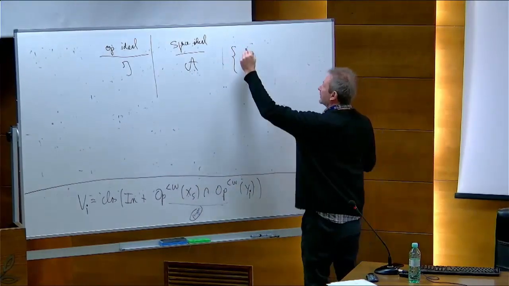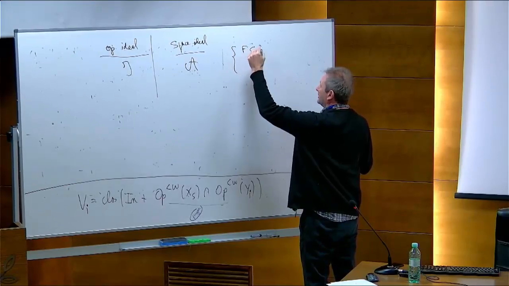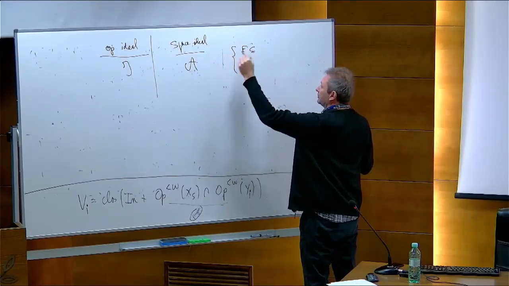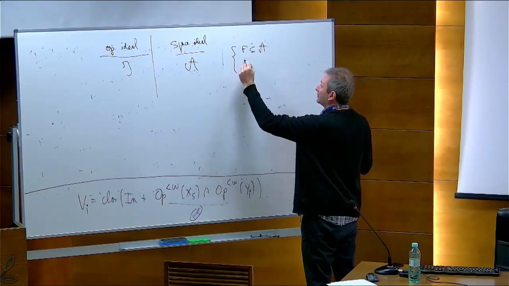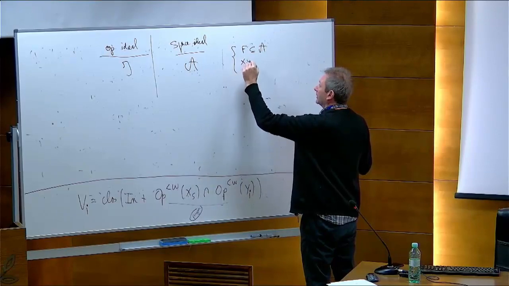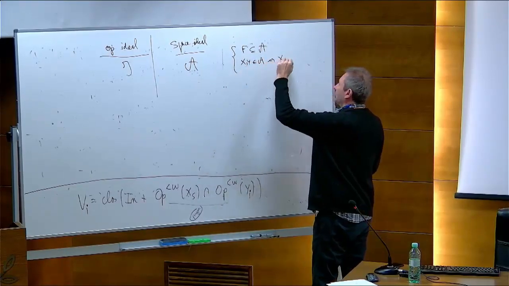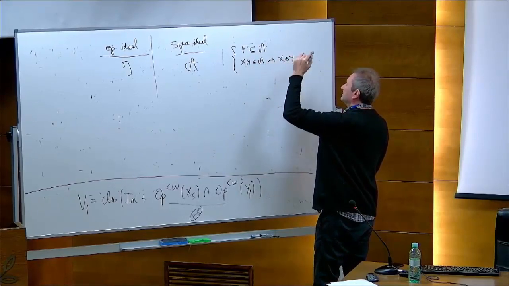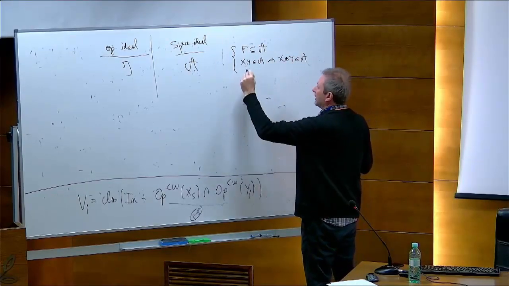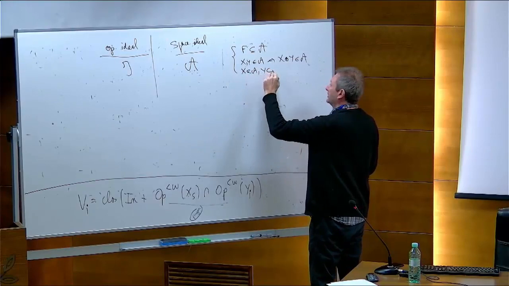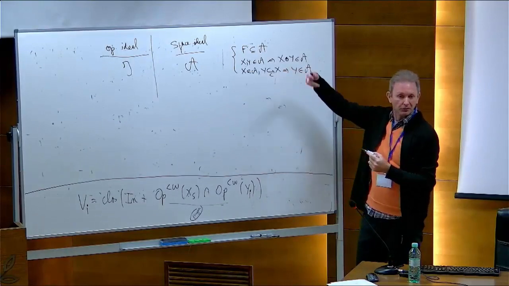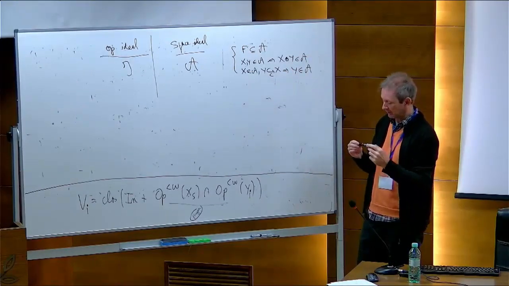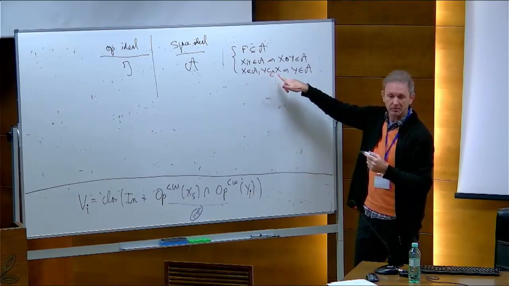You want the finite dimensional spaces to be included in it, just not to be trivial, and it has to be stable by taking direct sums. So if X and Y belong to A, the sum should as well. And by taking complemented subspaces as well, so if X belongs to A and Y is complemented in X, then Y belongs to A, which also tells you that it's stable by isomorphism. This means embeds complementably.